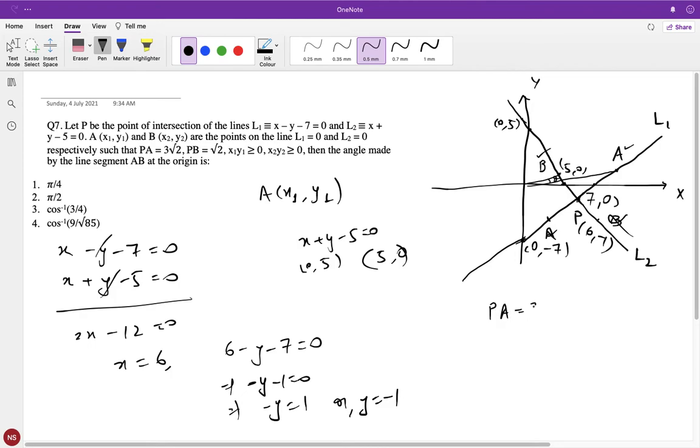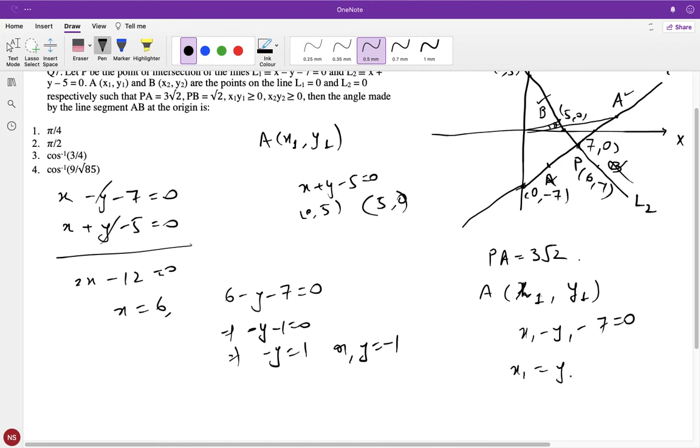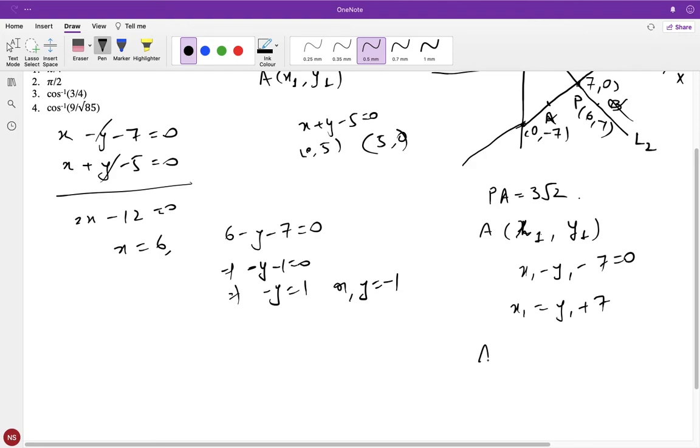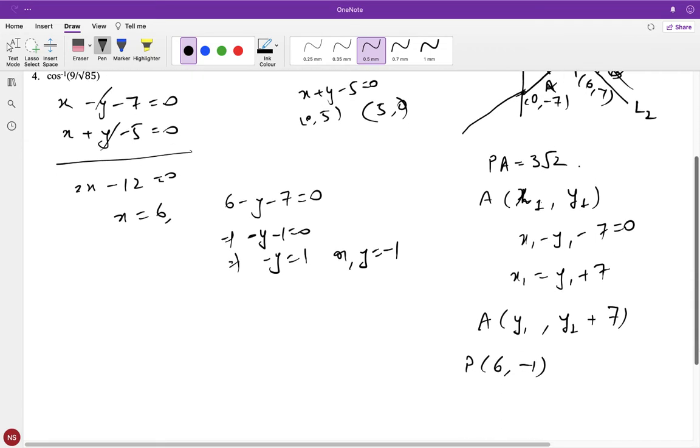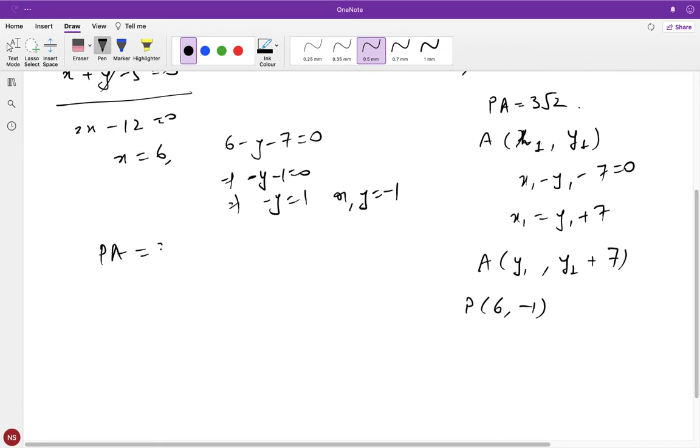PA is equal to 3 root 2. So if A is assumed as (x1, y1). Since A lies on L1, x1 minus y1 minus 7 equals 0, or x1 equals y1 plus 7. So point A is (y1 plus 7, y1), and P is given to me as (6, minus 1), and PA is given as 3 root 2.